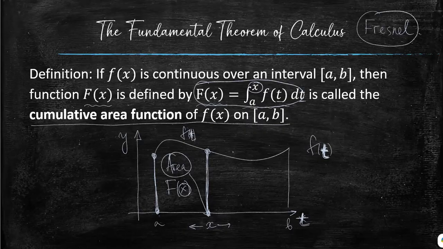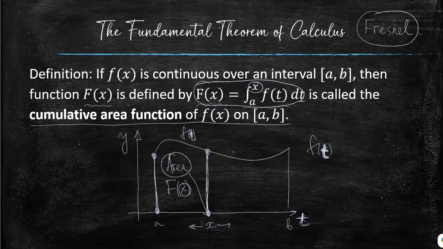So x goes to the right, the area changes. X goes to the left, the area changes. But as x goes from a to b, it tracks the accumulation of area as x goes from a to b. And now that we understand that F of x is a function, we also know that it's a continuous function because area doesn't change suddenly.